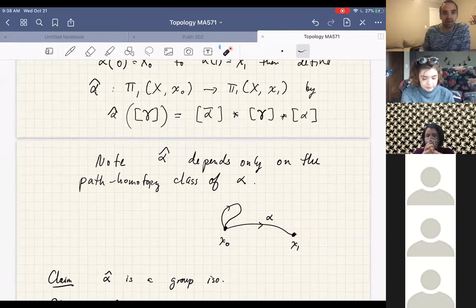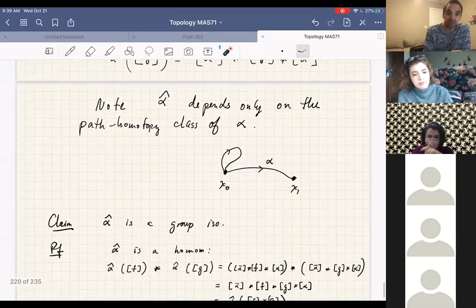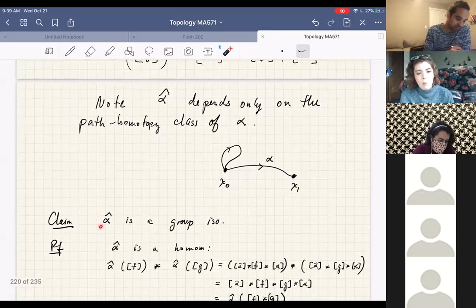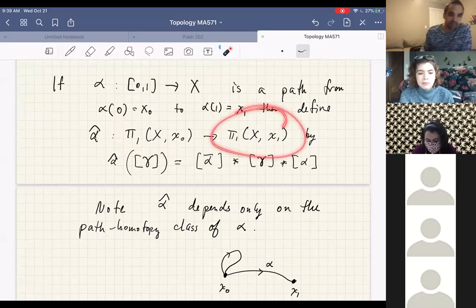So given any path, we can change the base points of the loops through these whiskers. And I claim that any path gives an isomorphism between fundamental groups, namely alpha hat is a group isomorphism between that and that.